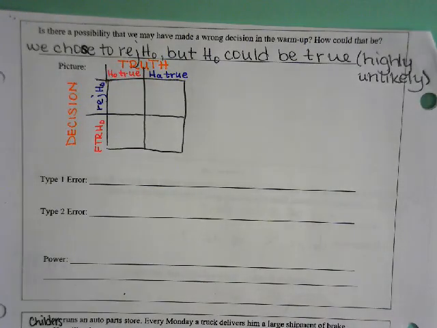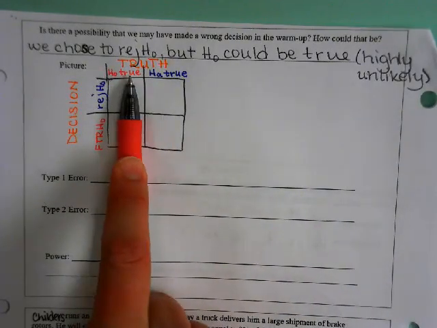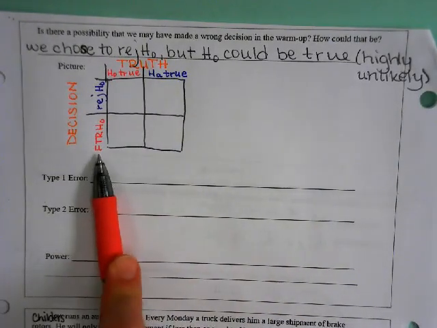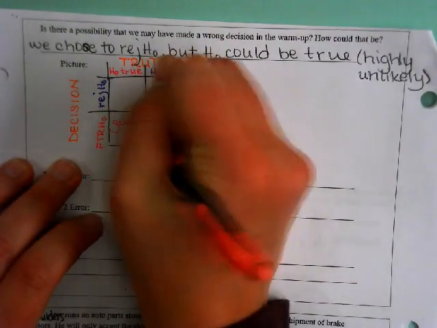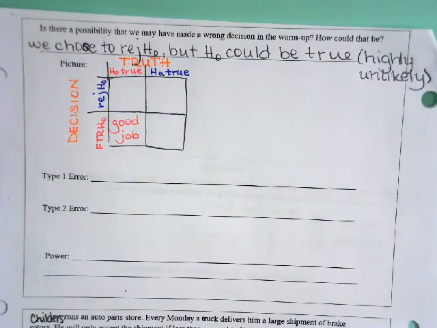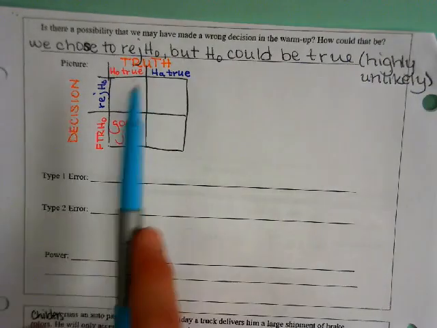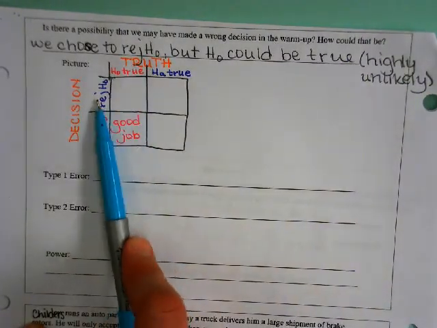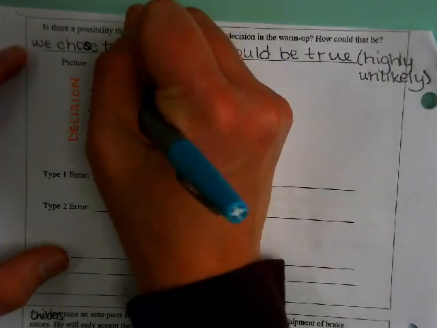So if H null is true, and we fail to reject H null, that means our test did a good job. If H null is true and we reject H null, that's known as a type 1 error.